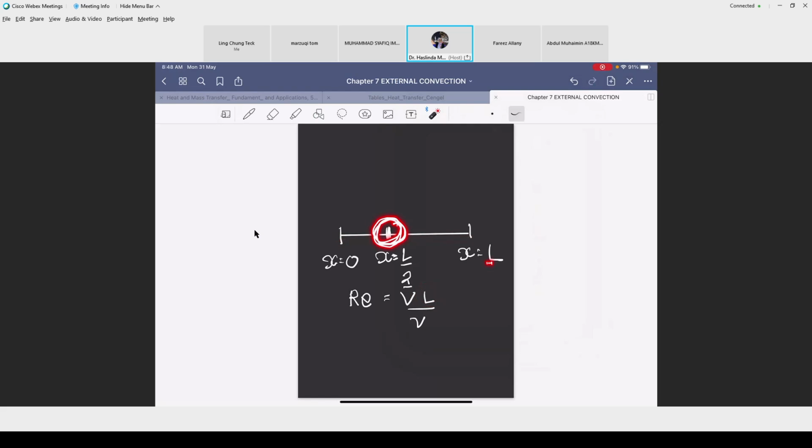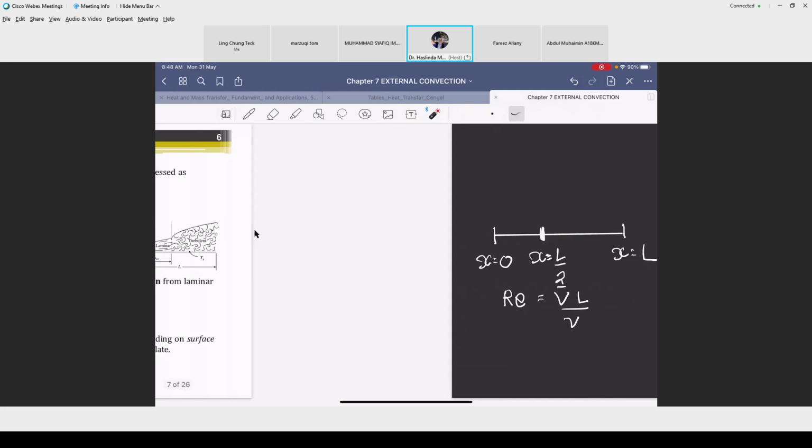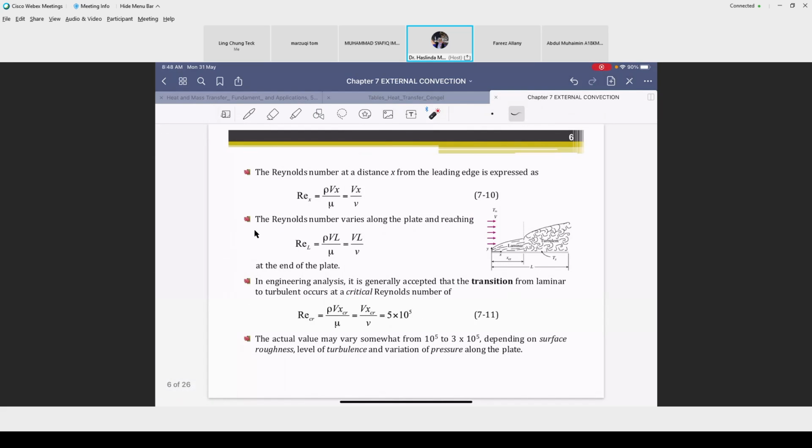I don't want to know about L. So we change L to X. And we denote it as REX, meaning that we want to know the local Reynolds number, not the average Reynolds number. Sebab tu if you see in this, this one is local. Sebenarnya saya selalu panggil local Reynolds number.